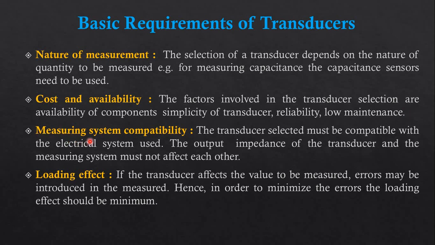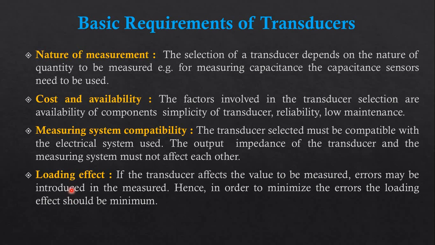Then after measuring system compatibility, a transducer selected must be compatible with the electrical system used. The output produced by the transducer and the measuring system must not affect each other. We are not affecting any other transducer or other signals in our measuring process, right?